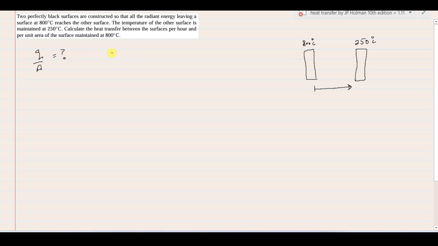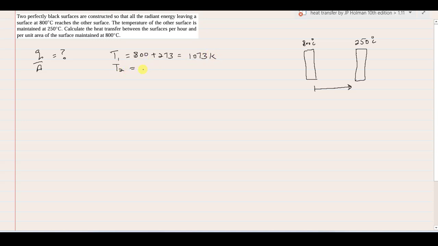So the temperature of the higher temperature surface, T1, that is 800 centigrade, convert that into Kelvin. Just add 273 to it and you will get 1073 Kelvin.